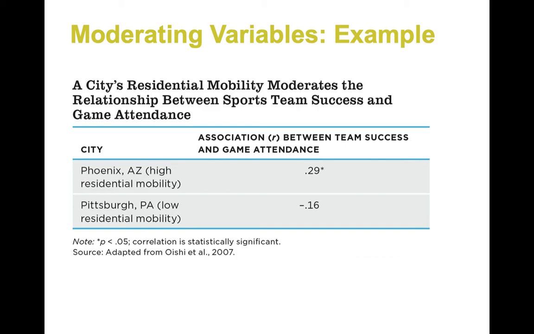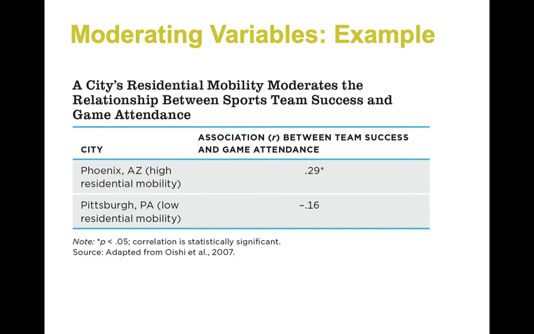And what they determined is that the strength of the relationship between attendance at games and the success of the team was moderated by whether a city had high versus low residential mobility. Residential mobility just means that people are more likely to move in and out of the city, whereas low residential mobility means people are less likely to move in and out of the city.